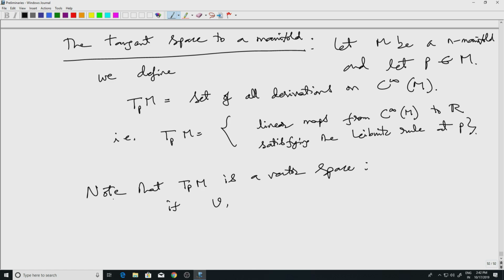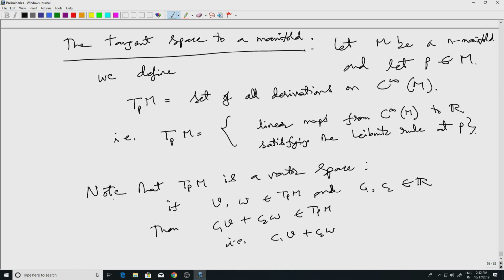So if V and W belong to TPM, and C1, C2 are real numbers, then C1V plus C2W is also an element of TPM, i.e. C1V plus C2W is a linear map from C infinity M to R and a derivation.